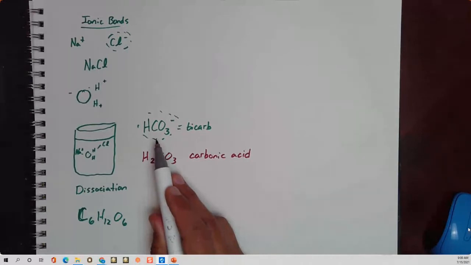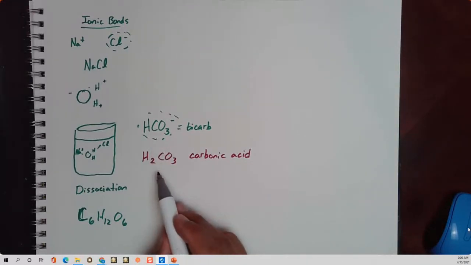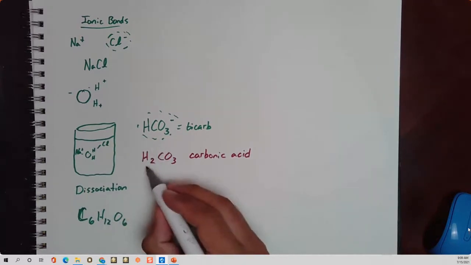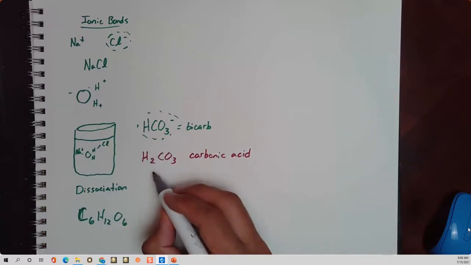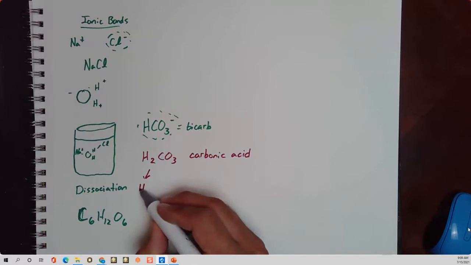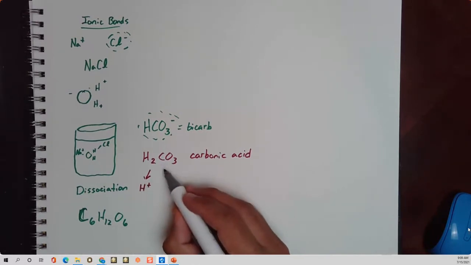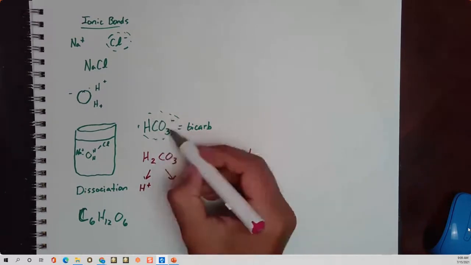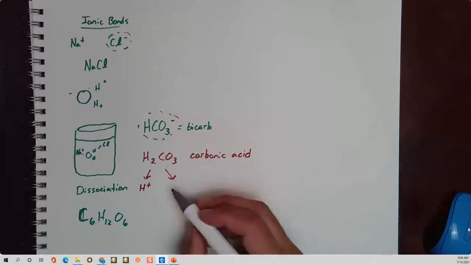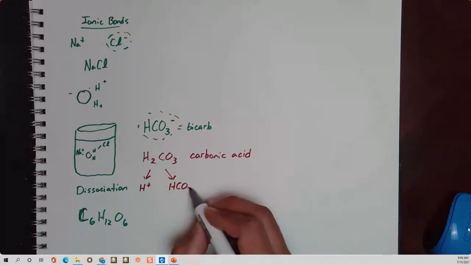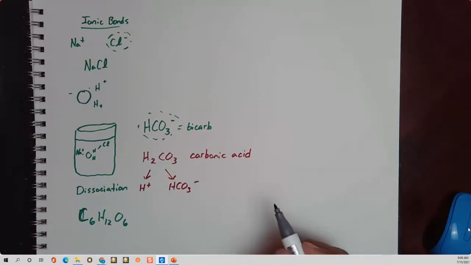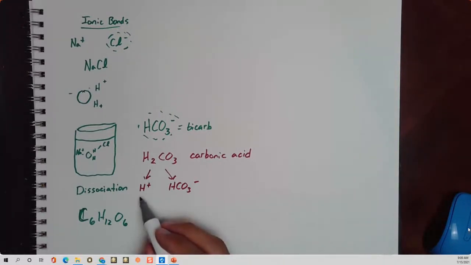Does that make sense? So now when I put this molecule into water, since one hydrogen has an ionic bond, it's going to dissociate. And since bicarb is all covalently bound together, it's one ion. And now I've released hydrogens into solution. Does that make sense?